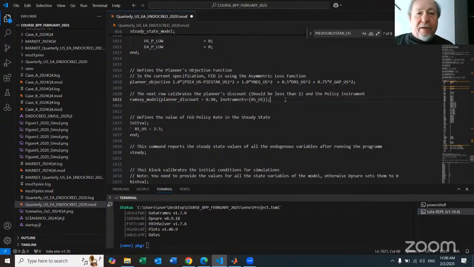In other words, is it finding functions to approximate that kink when you hit the zero constraint?